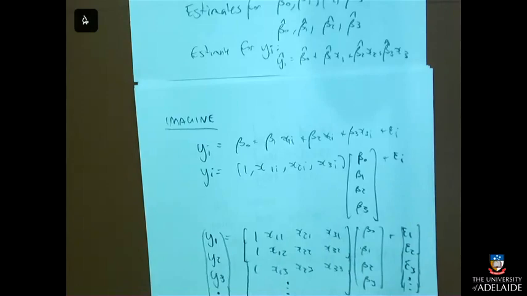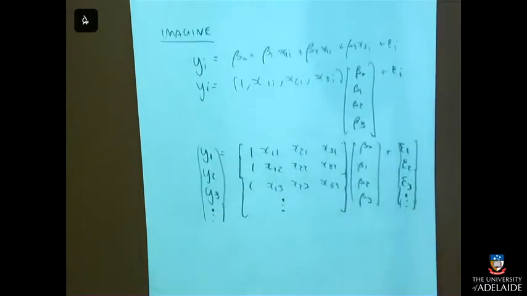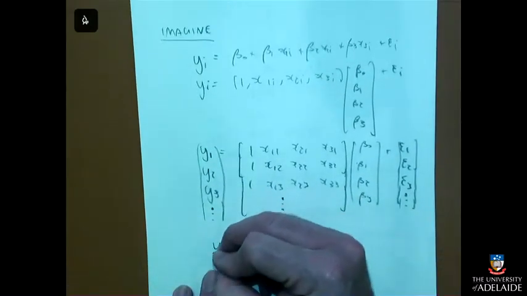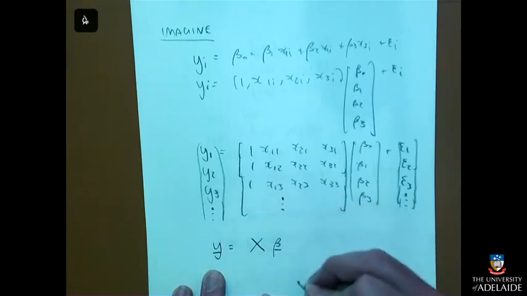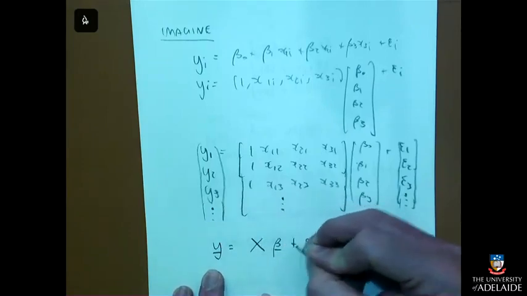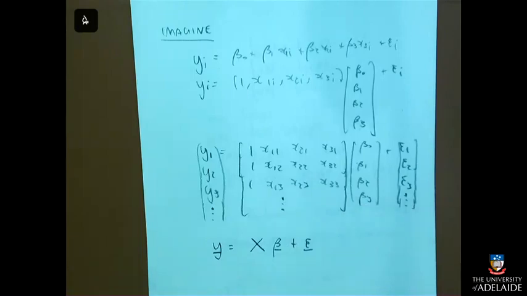And you get this thing. So you get a vector of y's is a matrix times a vector of betas plus a vector of epsilons. Yay.